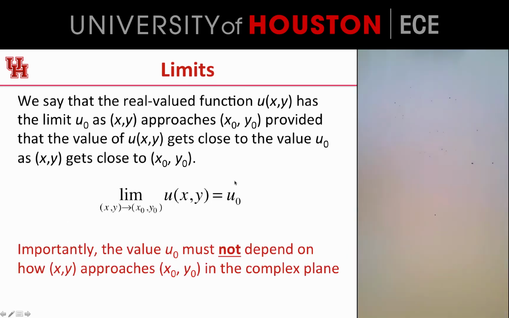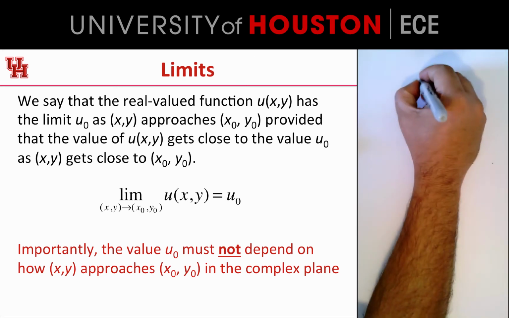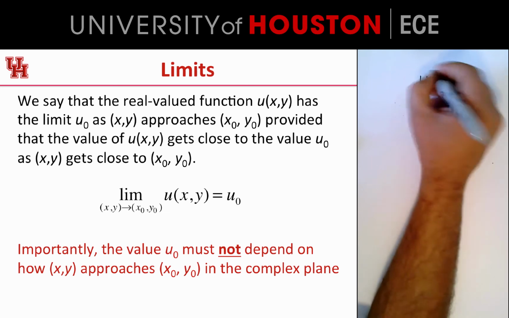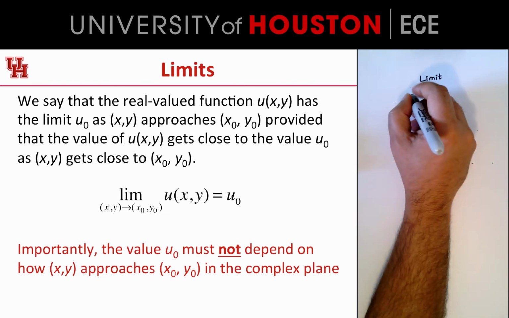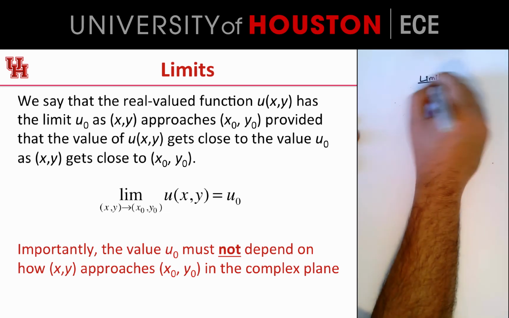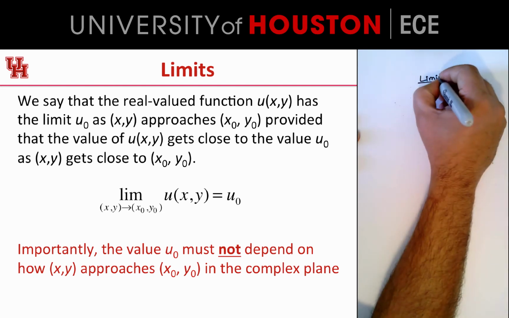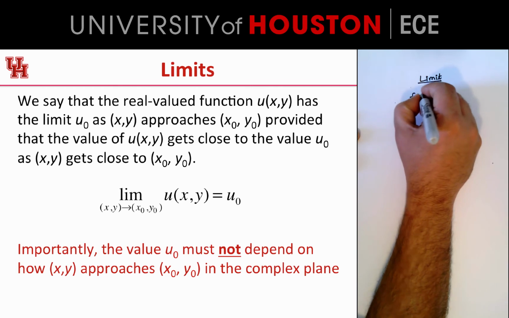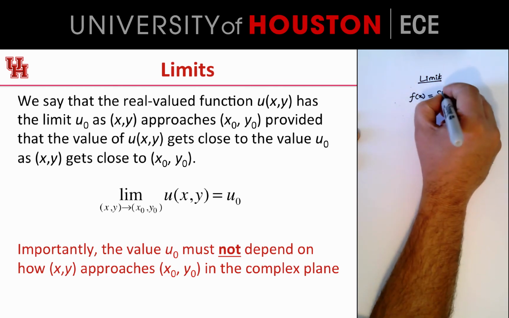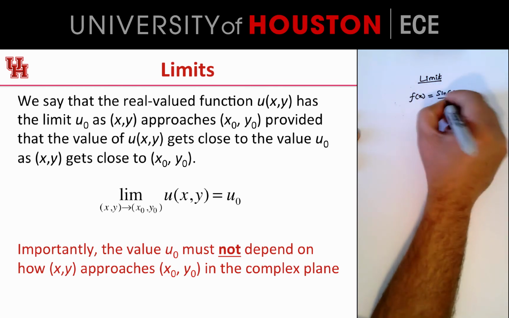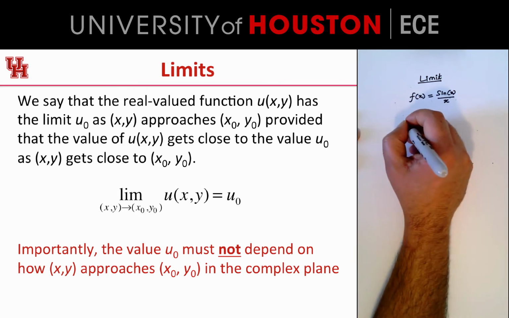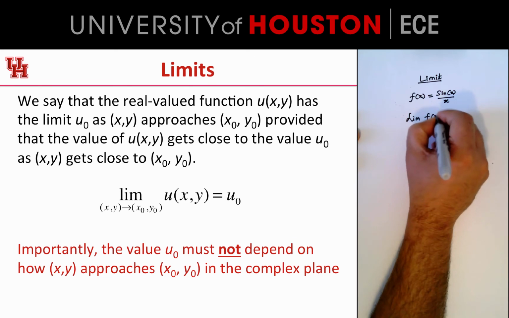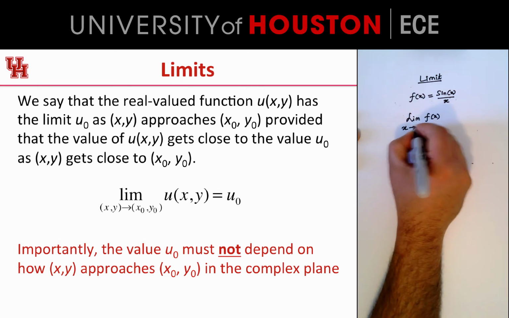So one of the important notions in calculus is the idea of a limit. Let's go back to our familiar real variable example. Suppose I had a function f, given by, say, sine of x divided by x. Now I can ask the question, what happens to f of x as x approaches 0?